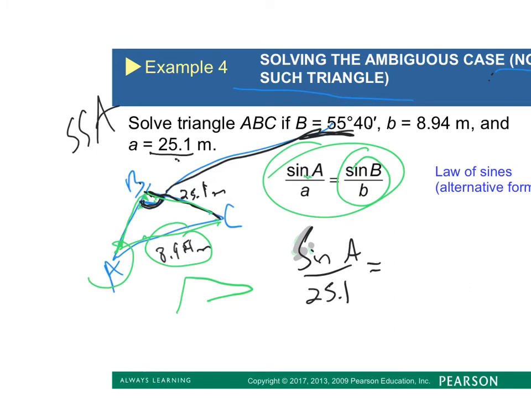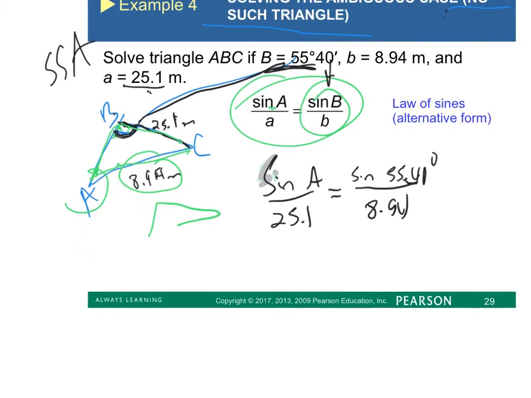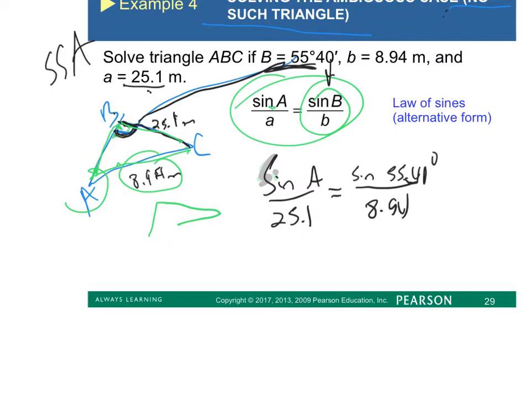The B combination is the one that I do know: sine of 55.40 degrees over the opposite of angle B, which was 8.94. So when I solve this, the only thing I don't know is sine of A, so sine of A will be the sine of 55.4. Oh, wait, that's not 0.4.